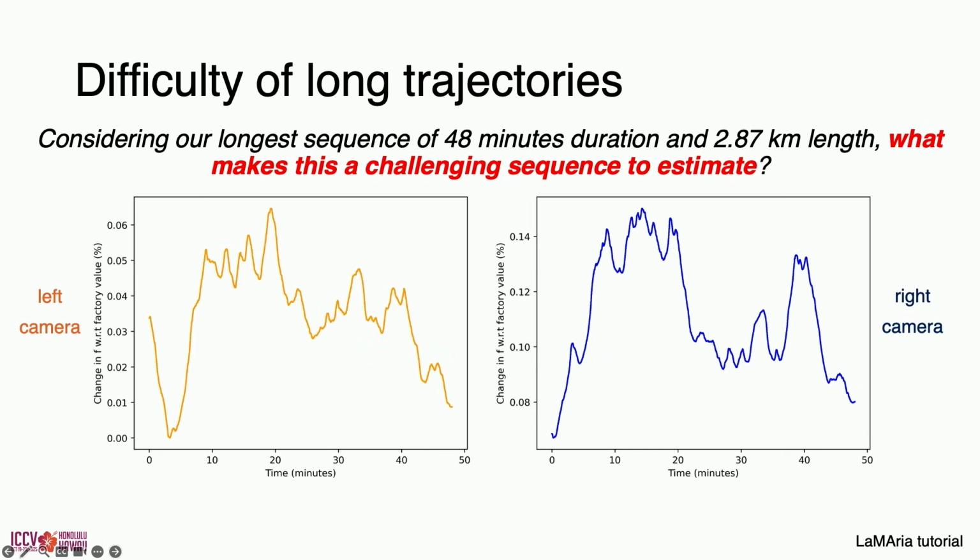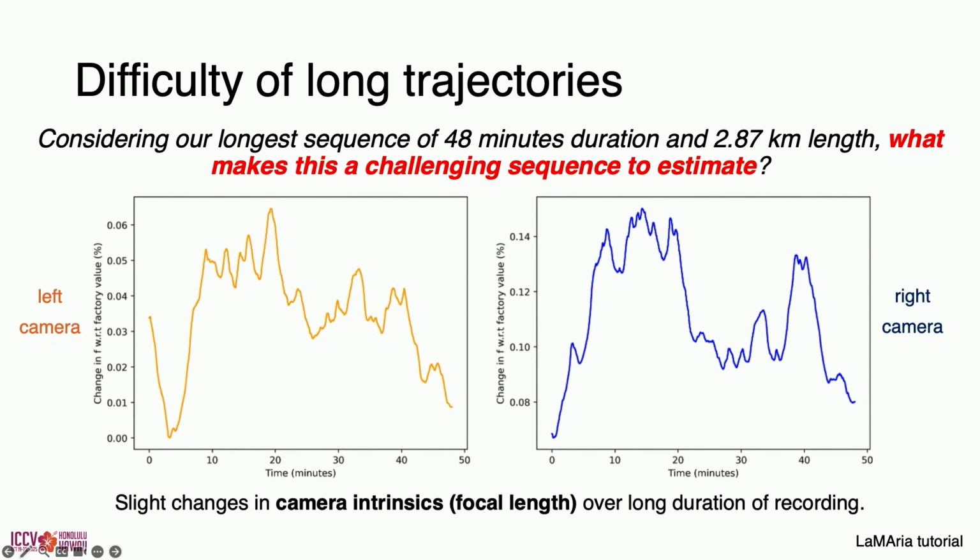So what we observed is that over here in these two plots, left being the left camera and right being the right camera, you can see the change across time, across 48 minutes, of the focal length when compared to its factory value. And these slight changes in camera intrinsics are noticed over this long duration of recording in the online calibration output of MPS.